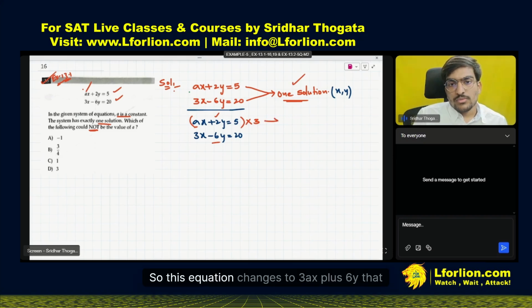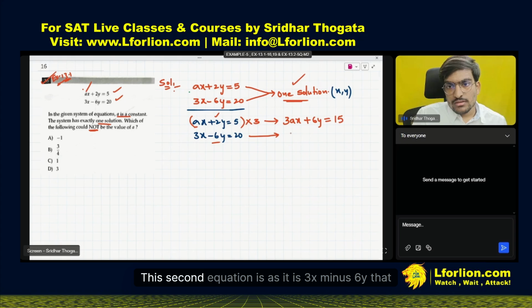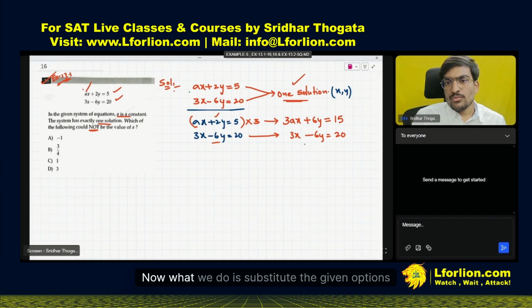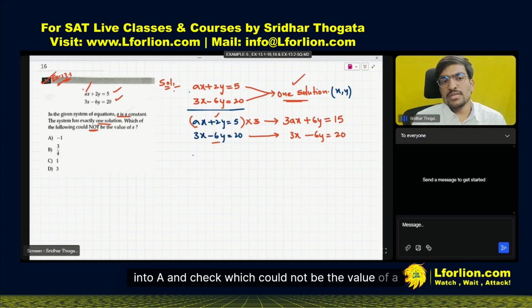So this equation changes to 3ax plus 6y, that equals 15. This second equation is as it is, 3x minus 6y, that equals 20. Now what we do is substitute given options into A and check which could not be the value of A.